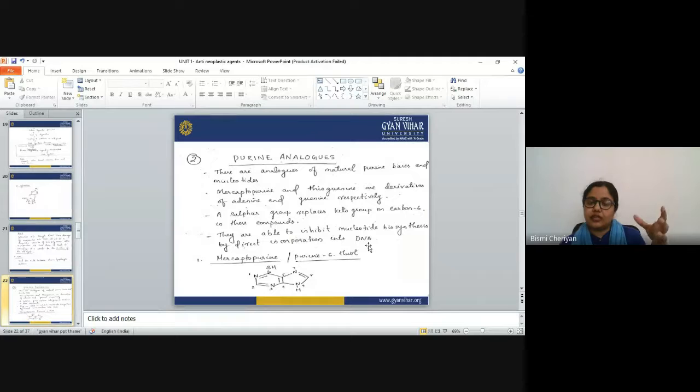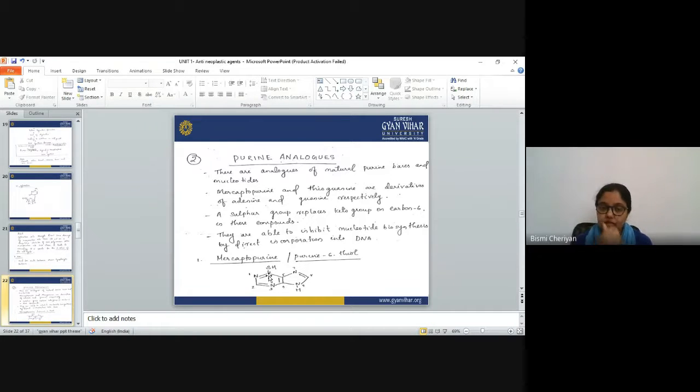When these purine analogs are incorporated into the DNA structure, the DNA structure is damaged, and due to that damage, miscoding happens and DNA synthesis is reduced. So the first drug is mercaptopurine, or purine 6-thiol, because thiol means one sulfur atom.